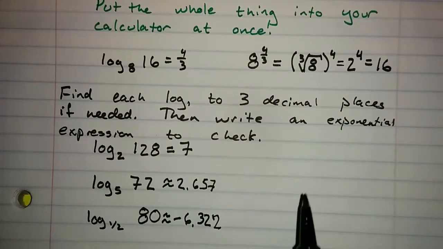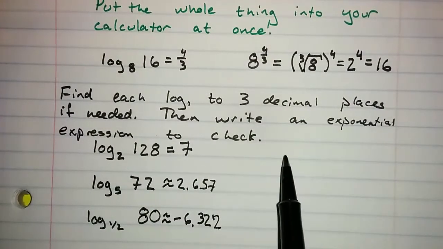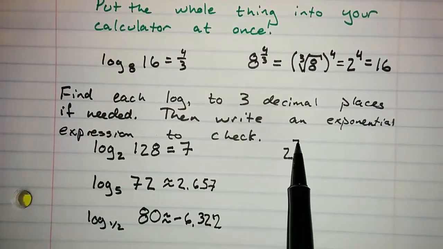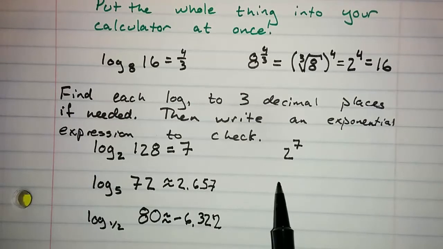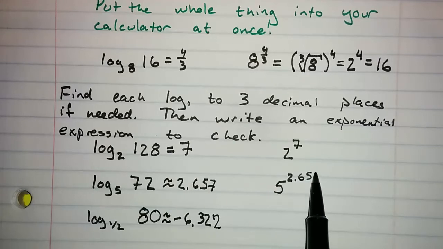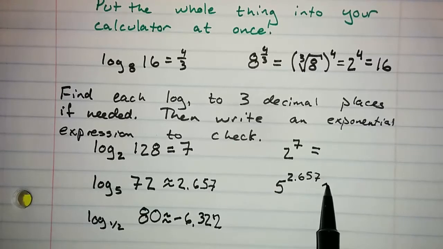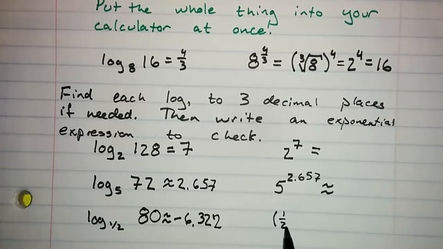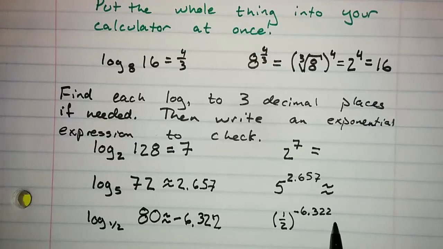Just to make sure, this statement is the same as saying 2 to the 7th is 128. 5 to the 2.657 ought to be about 72. And 1/2 to the negative 6.322 ought to be about 80.